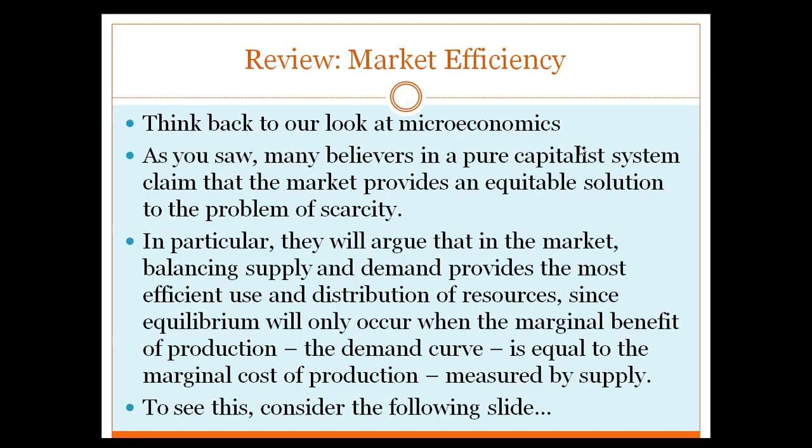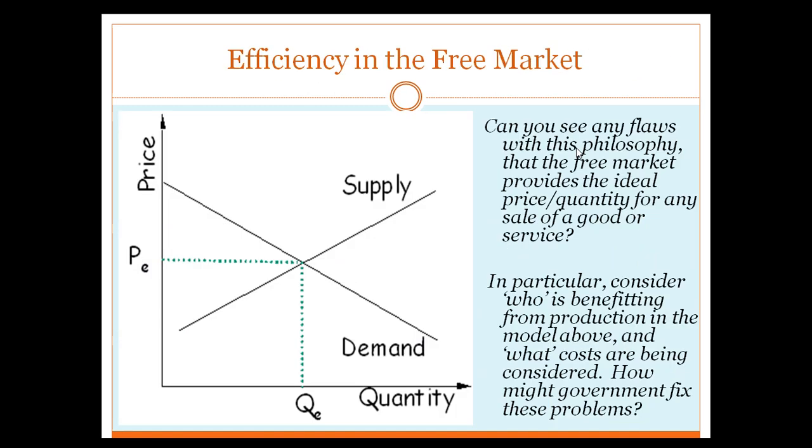And the belief is that if you allow for a buyer and a seller to come together, and we're going to look at a graph just to illustrate this, and we allow for them to determine an outcome in terms of how many of a product might be sold and what price the product will sell at, that there's a natural balancing. The argument goes something like this.